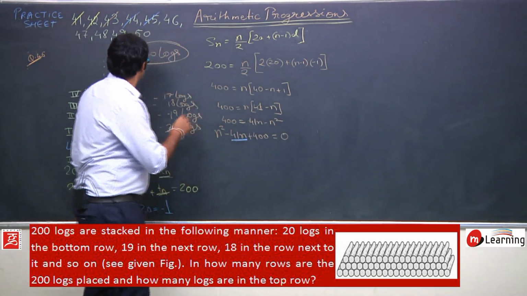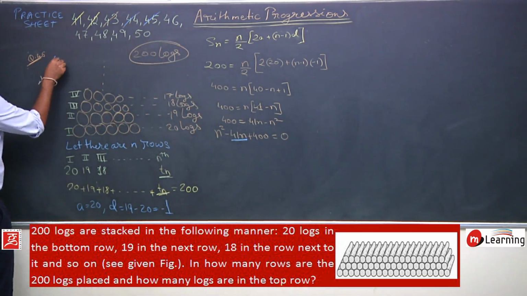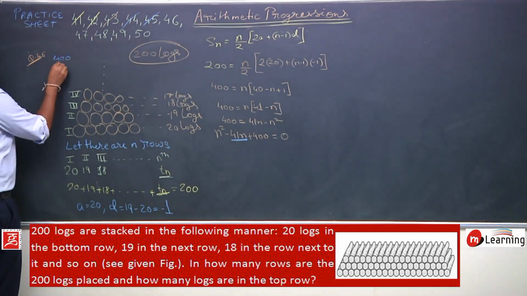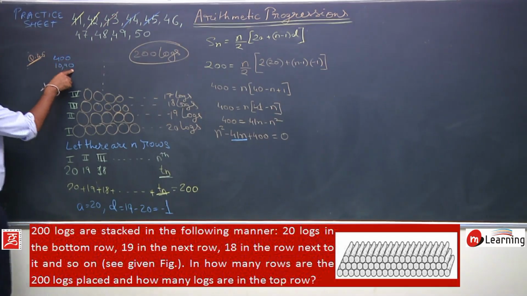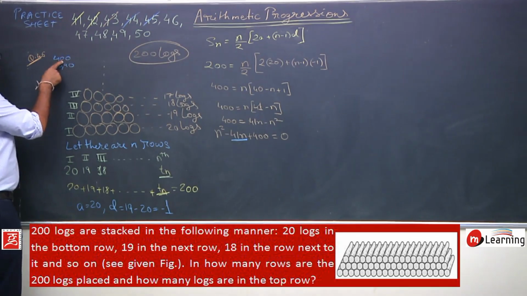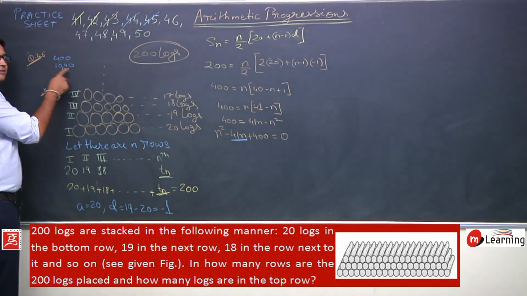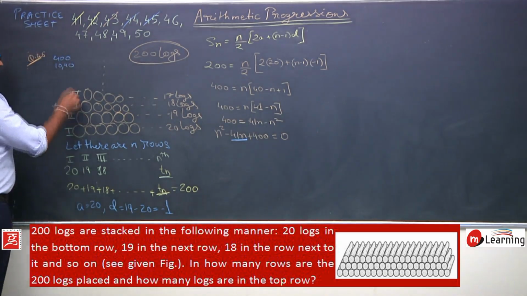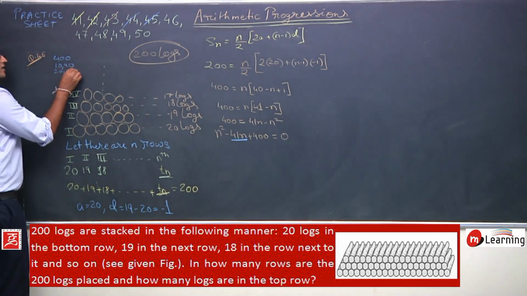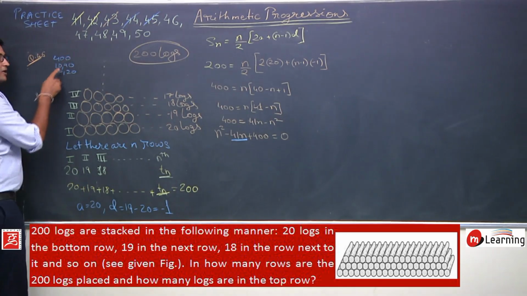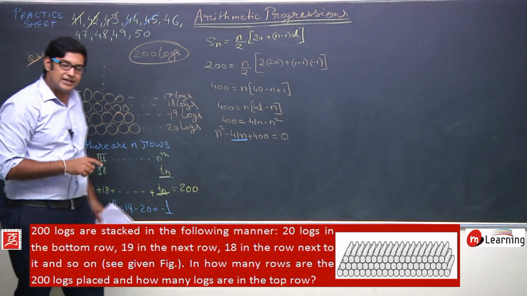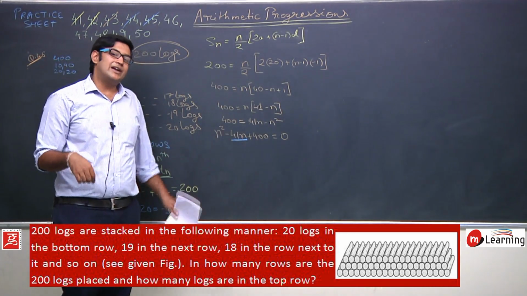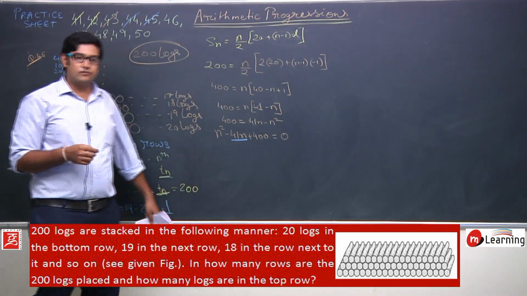So I will assume this 400. If I split this 400 in 10 and 40, so 10 into 40 is 400, but 10 plus 40 or 10 minus 40 is not equal to 41. Okay. I can split this as 20 and 20. So 20 into 20 is 400, but 20 plus 20 is not 41. 20 minus 20 is also not 41.